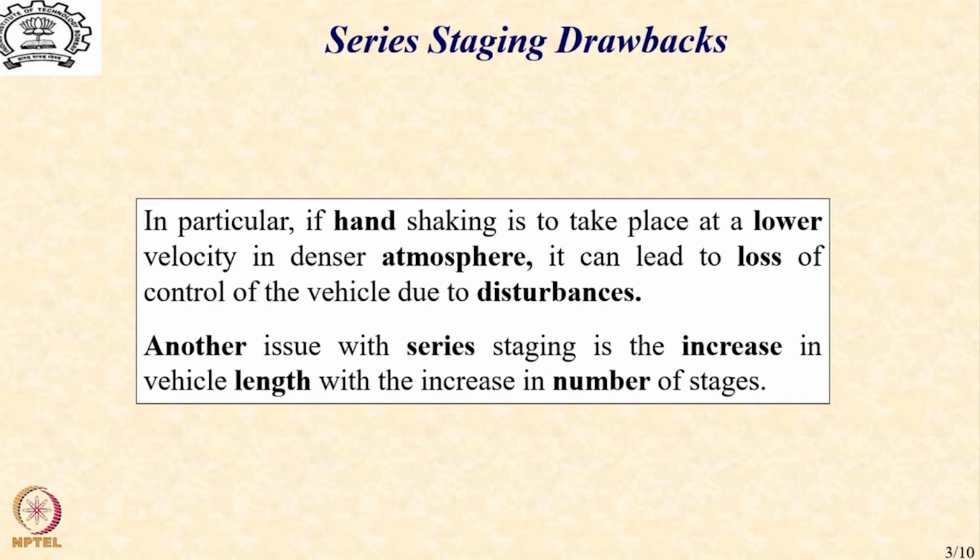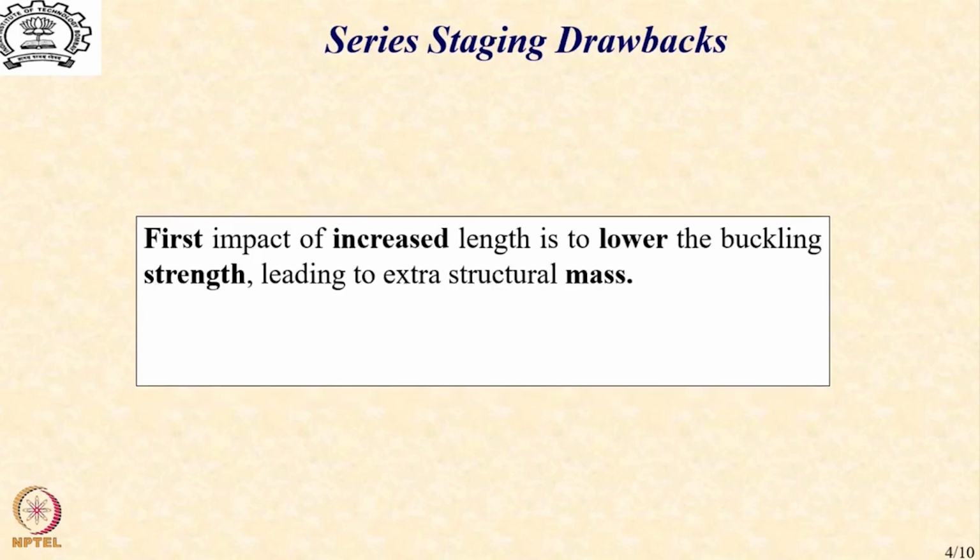So if you go from one stage to two stage or two stage to three stage, the length would keep on increasing depending on the length of the stage which is added. While the length of the upper stages are generally smaller, it still has an impact in terms of the overall length, which brings in additional issues that we need to understand.